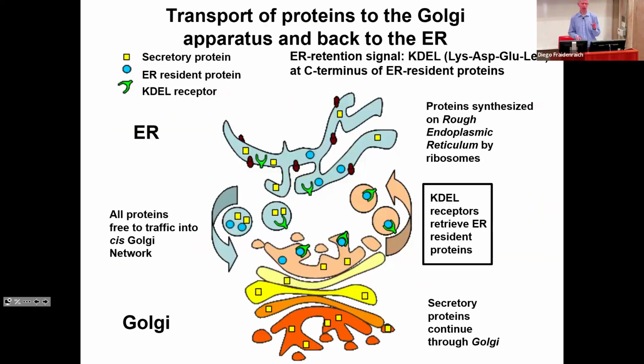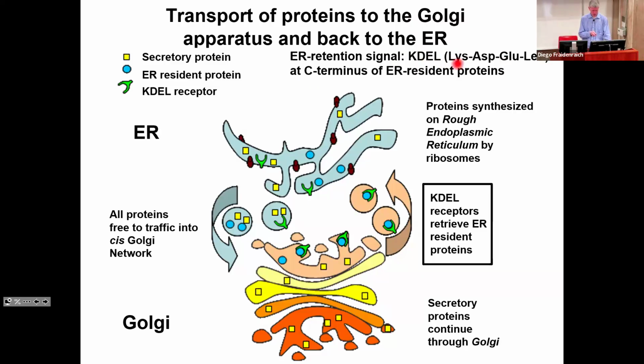So one way, as I said, is to have a signal sequence on the protein. You want to memorize this: the ER retention signal is KDEL, lysine, aspartate, glutamate, leucine, which is added at the C-terminus of the ER resident protein. So this KDEL sequence is directly at the C-terminus.